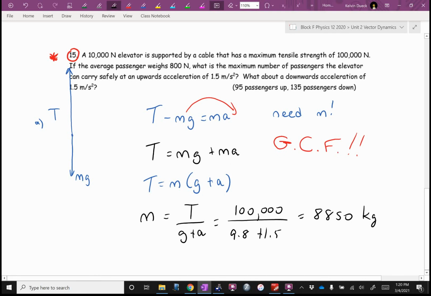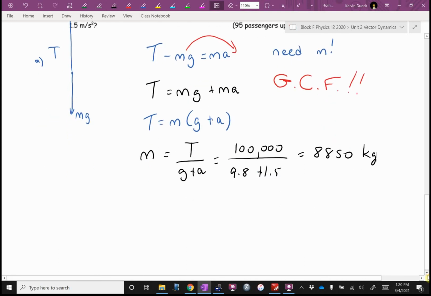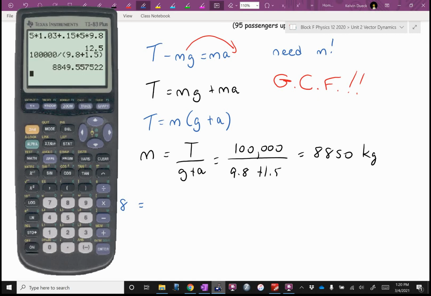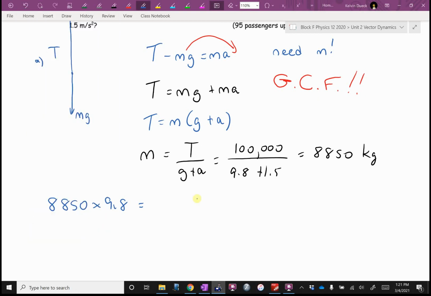How many newtons is that? Well, if I take that 8,850 times 9.8, that tells me the weight of the elevator and the passengers. And I get 86,726.